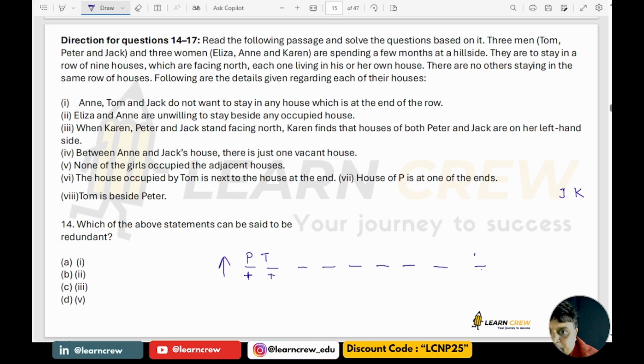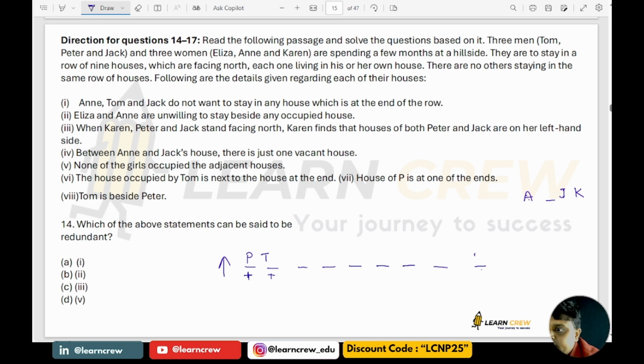Between Annie's and Jack's house, there is only one vacant house. Elijah and Annie are unwilling to stay beside any occupied house.